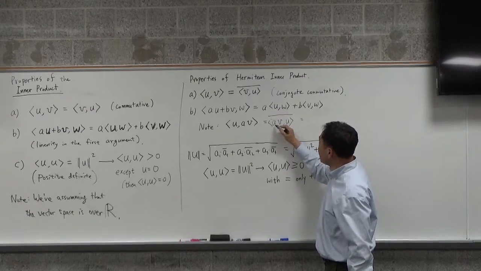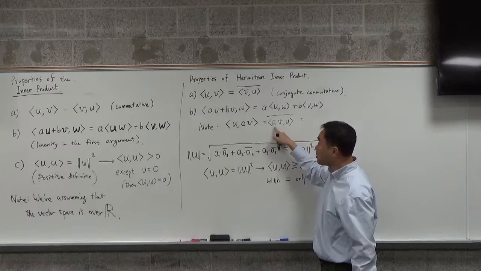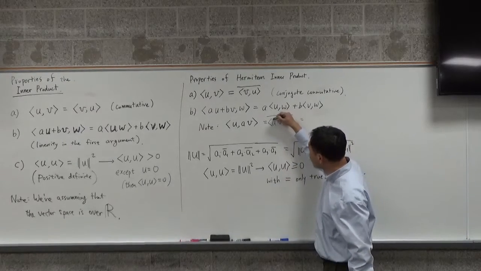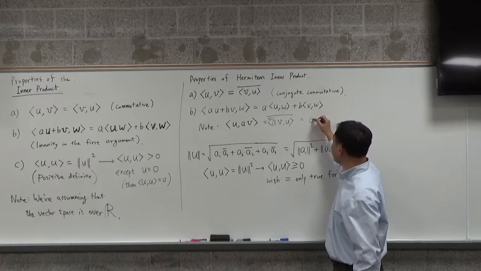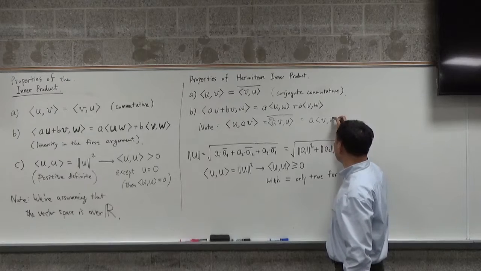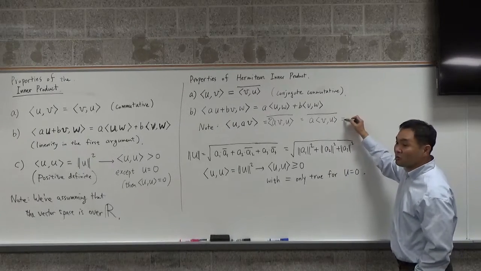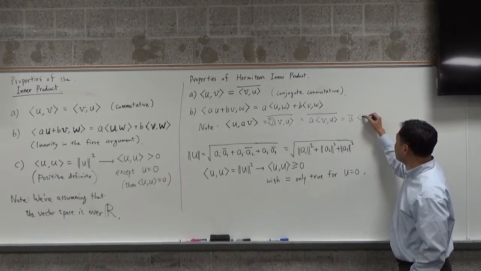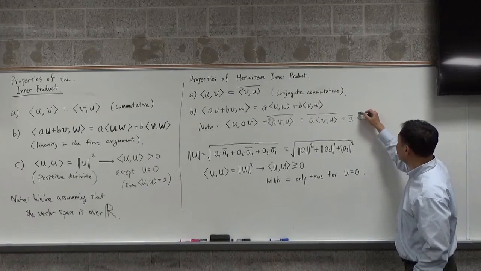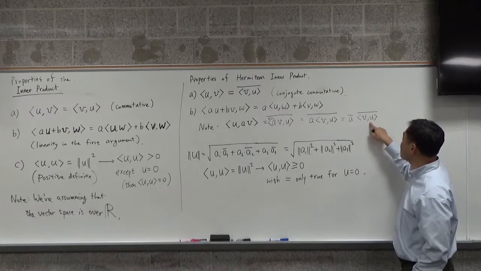And then this A is now in the first component, so I can use the previous rule and bring it outside, right? That's going to be A times VU, everything bar. But then that's going to be same as A bar VU bar, which is same as UV.